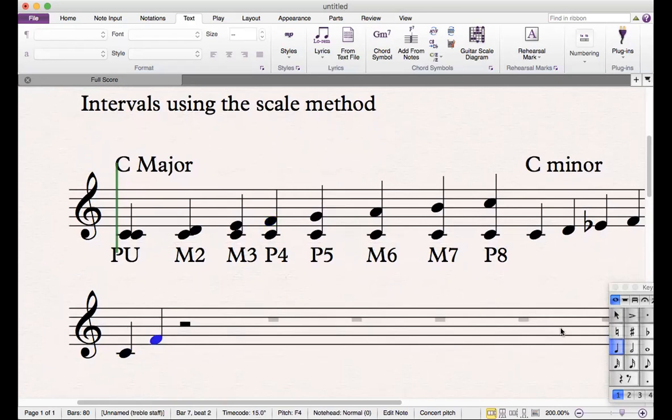I gave you F sharp. Now you can still use the scale method because you're comparing it to what you know. You know that C and F is a perfect fourth. This is C and F sharp. So you know it's 1/2 step bigger. All right, you know it's some kind of fourth, this distance. It has to be a fourth because we've counted and we're comparing it to the scale.